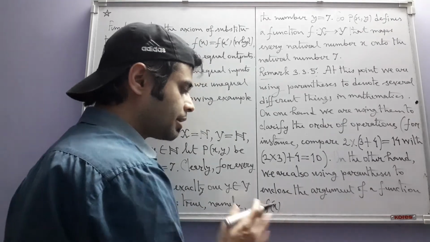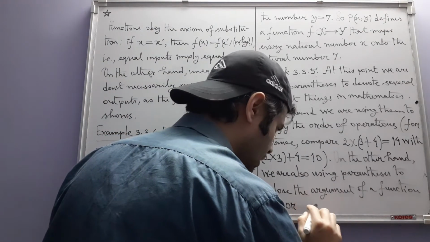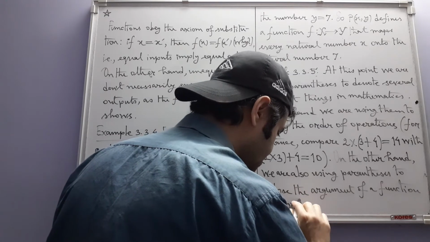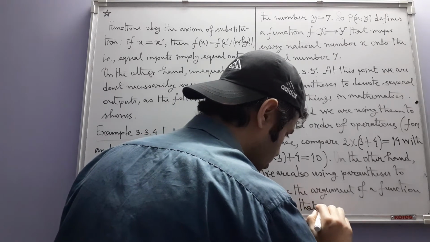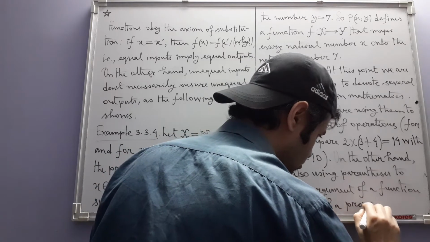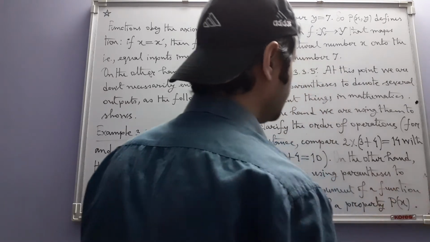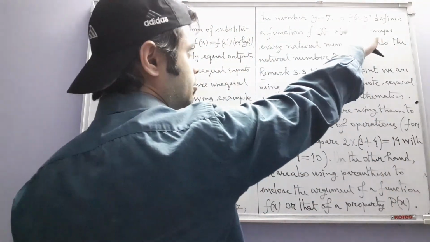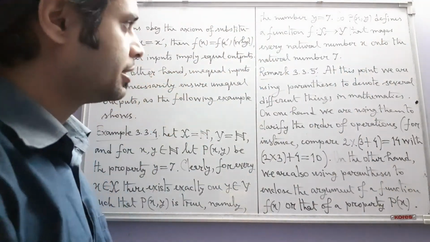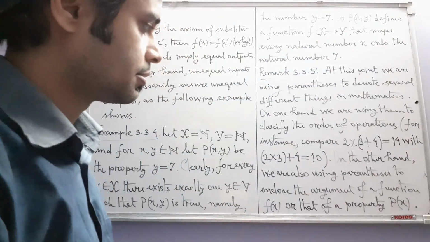So we use parentheses to enclose that, or the argument of a property, for example P(x). Here also you can see that to write that type of property which depends on two objects, there also we are using parentheses.